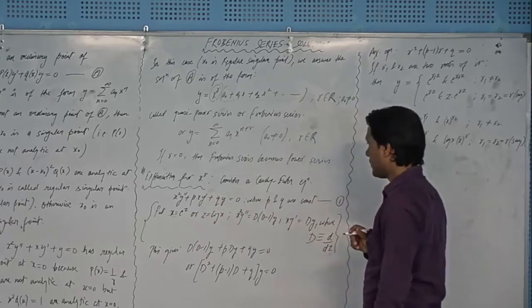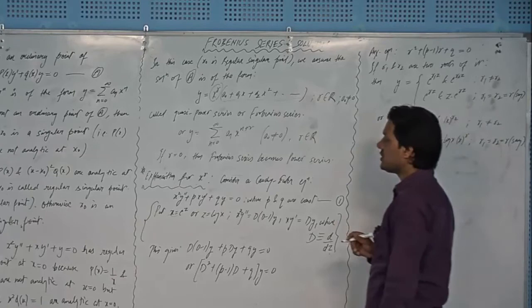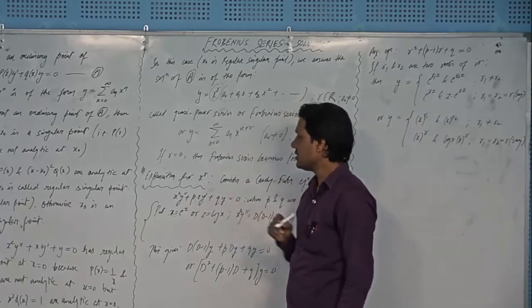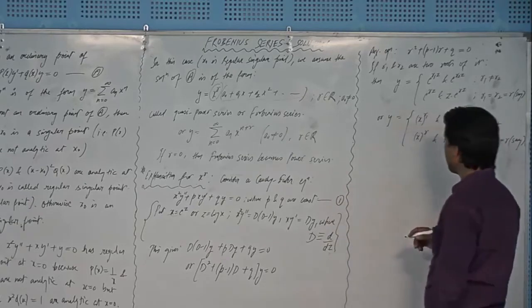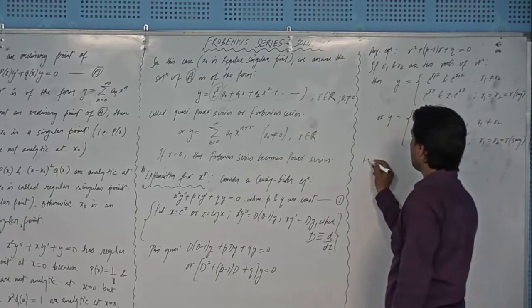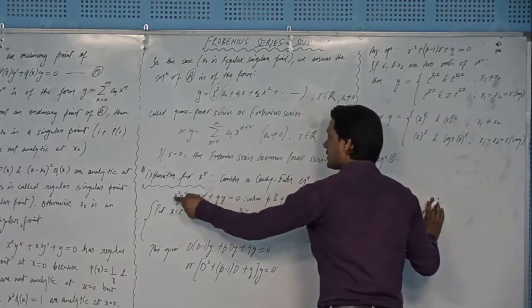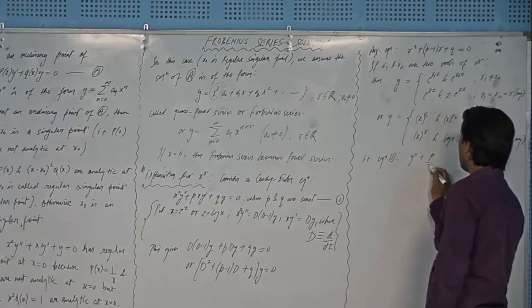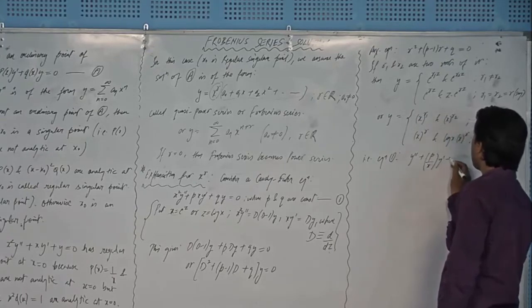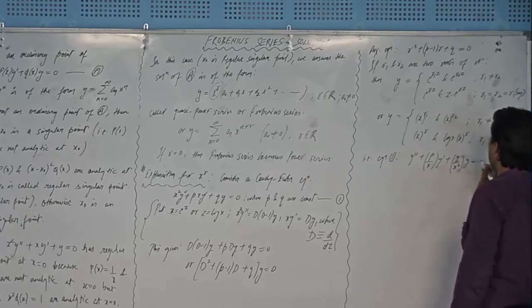Okay, right. And if I write the more general form of this differential equation, first I should rewrite equation number 1 by just dividing it by x square: y double dash plus p over x y dash plus q over x square y equal to 0.